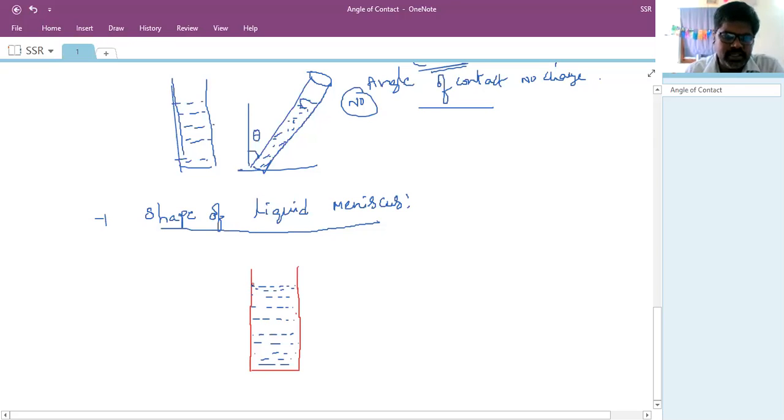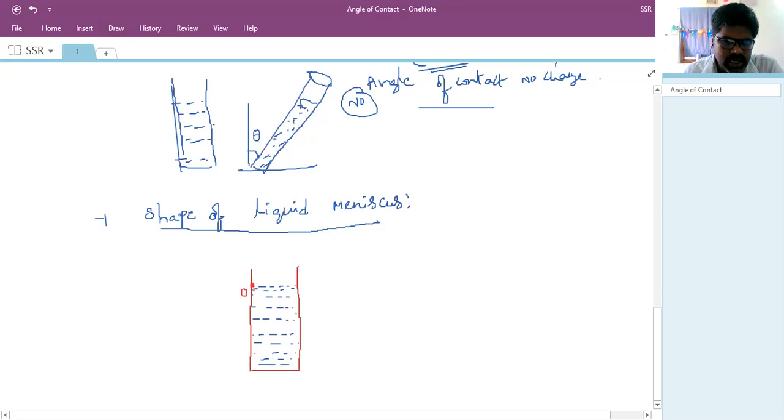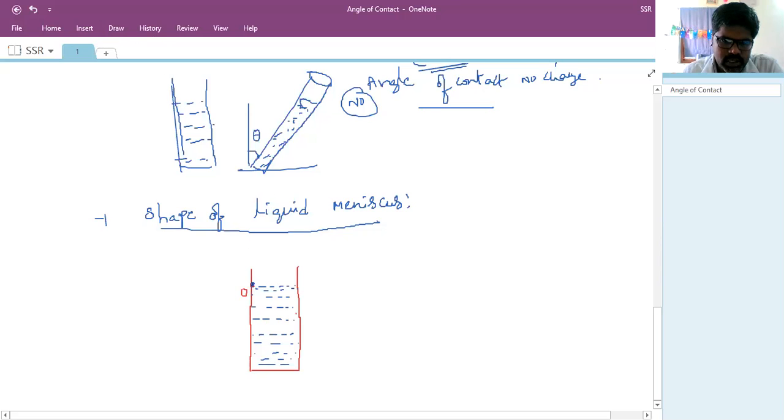Let us say this is the point O. At point O, the liquid is in contact with the solid. That molecule is a liquid molecule, in blue color, in contact with the solid molecule.